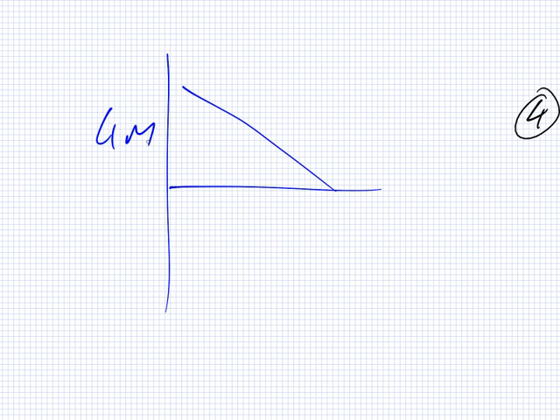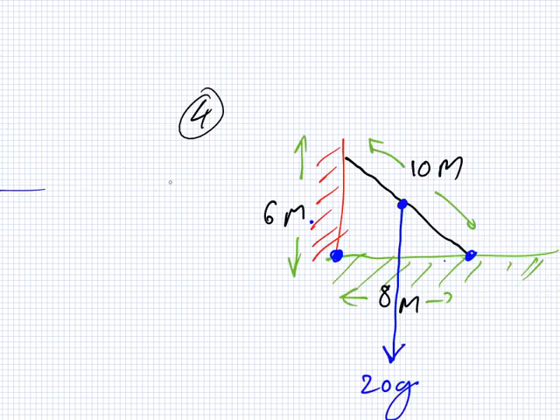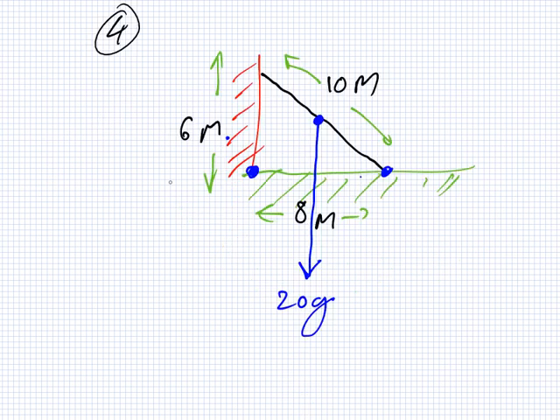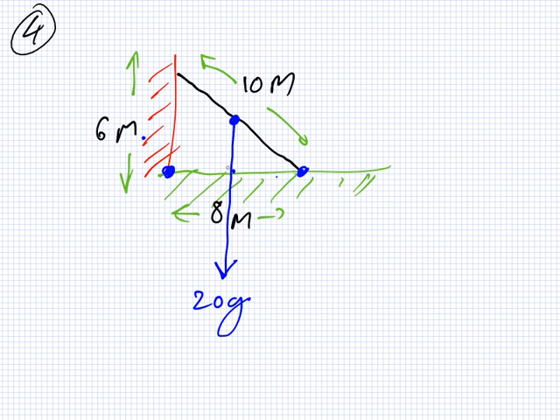In English, when we talk about signs, we're measuring on the vertical from the base. But when we talk about ladders and I say the ladder is 8 meters from the base, I always mean on the ground. This is the base of the wall, and when I say the ladder is 8 meters from the base, I mean it's 8 meters out from the base, not 8 meters up from the base.